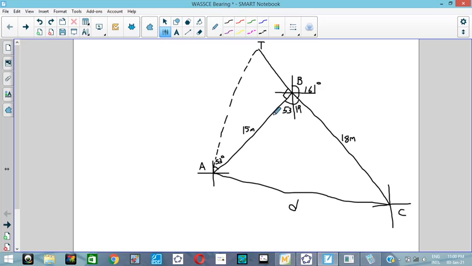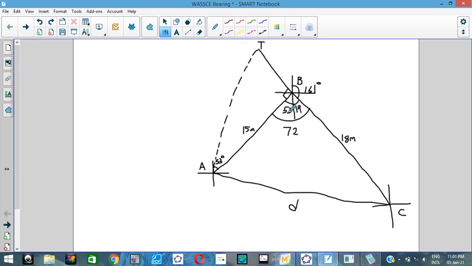Then from there we can get the full angle at point B. Very, very important. So this full angle at point B is what? It will now be 53 plus 19. So when we add this, we are going to have 72 degrees. So you can check it well with your calculator to be sure you are correct. 9 plus 3 will give us 12.